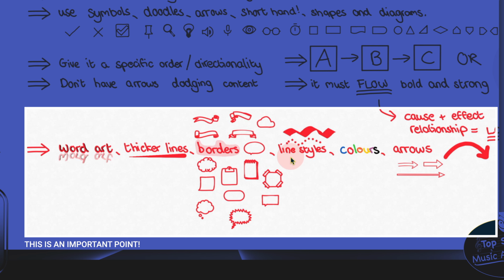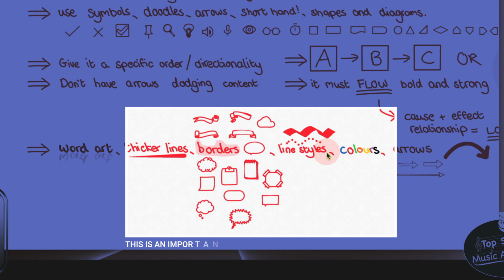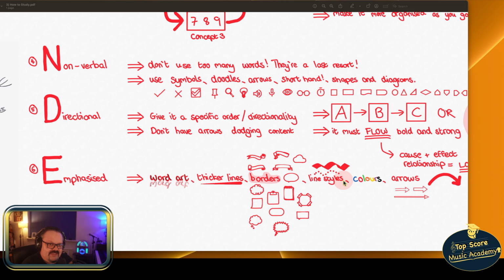You can use different line styles, dotted lines, thicker lines, wavy lines. Of course, color is vital. Absolutely. I usually tell students, when you're doing your mind maps, even if you're not grouping information into harmonic, melodic, and rhythmic features, do use one color for those harmonic features, or the same chord progression that keeps coming back.